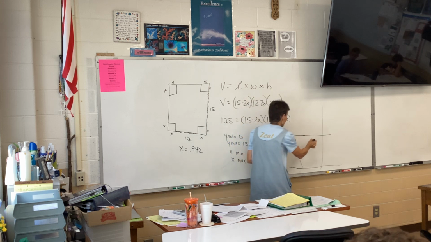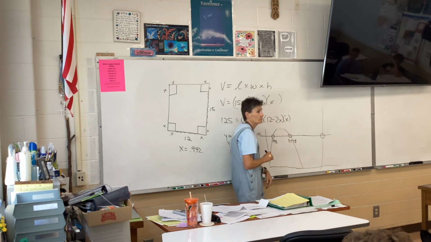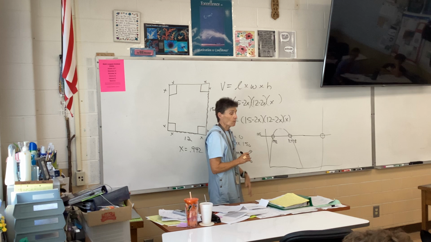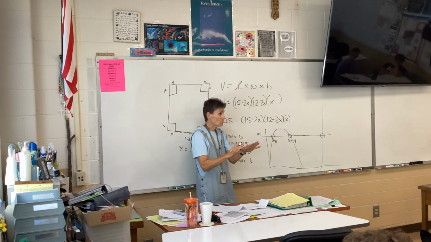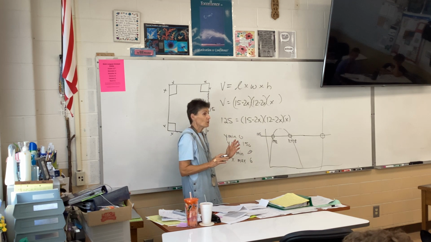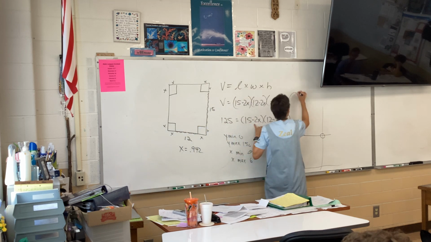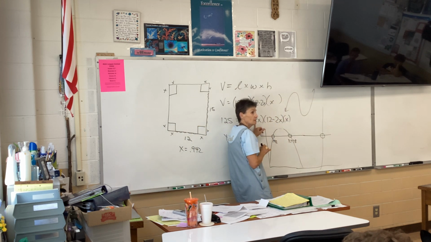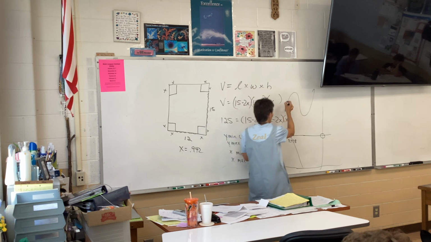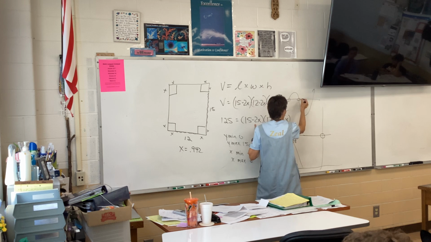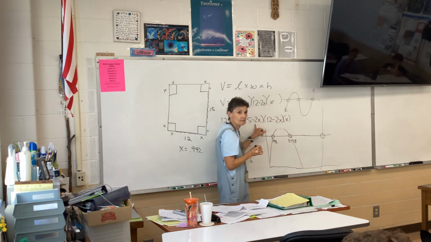So there's another point of intersection out here. Now, if you set your window up the way we determined, you don't see that part, but this is a cube, and a cube is going to have this kind of behavior. We're going to talk about that in a couple days. So when I draw that 125 across, it's actually going to intersect 3 places.